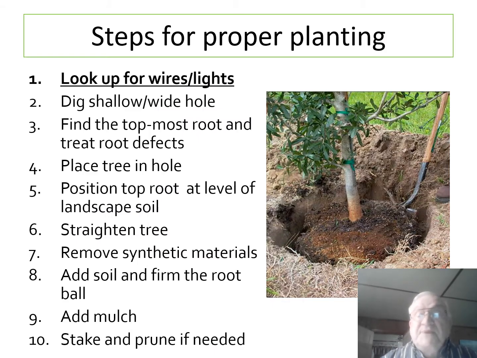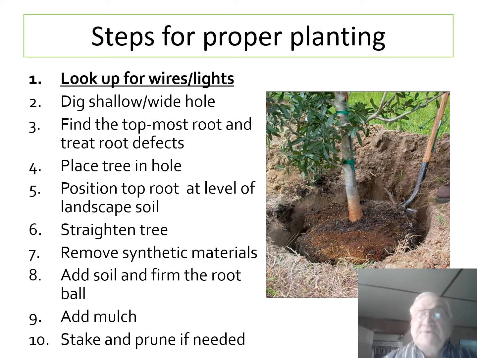When you put in the plants, look up for wires and lights first. Just be sure you don't plant them under power lines if they're going to be large, tall plants. You dig a shallow and wide hole, and it would be good if the hole was even wider than this one shows. You find the top root that comes off of the trunk, and that root should be near the top of the soil.